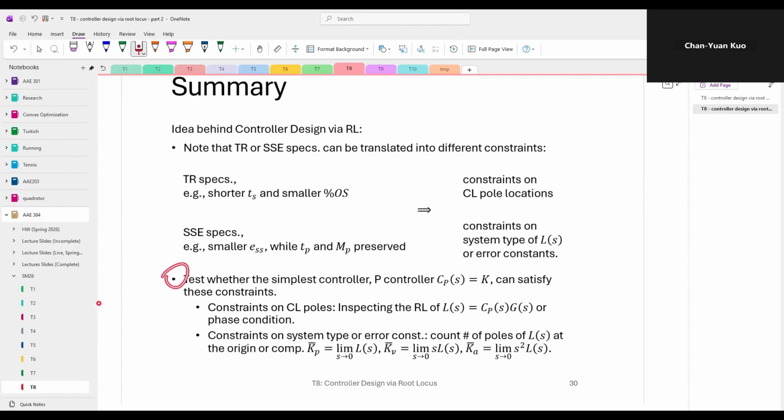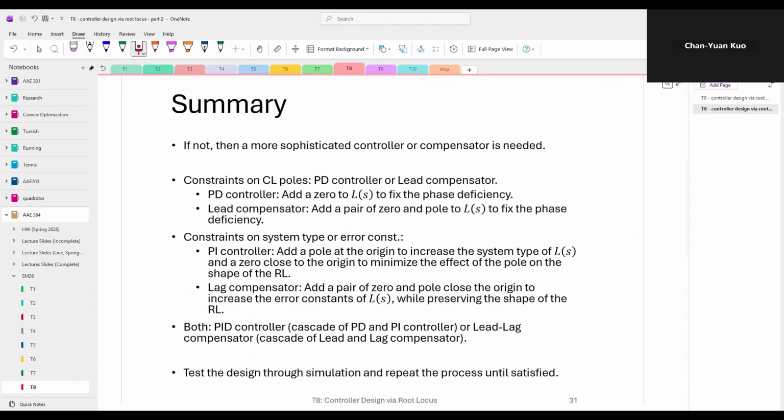Next, we see whether a simple P controller is sufficient to satisfy these requirements. And if a P controller is not sufficient, which is usually the case, we then choose a controller based on which requirement is not satisfied.